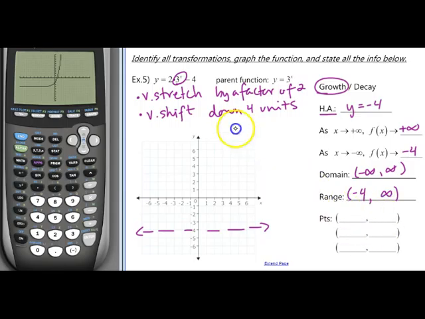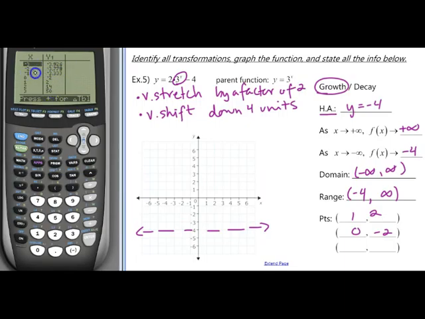Now to get a few points to graph, remember, we want to go to our table and look for some nice points that'll fit on our graph. So integer values, we have 1, 2, we have 0, -2, and we actually don't have any other values that'll fit on our graph.